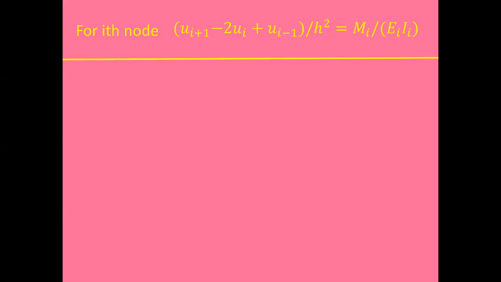Now, in this present slide, we are going to vary the value of i from 2 to 3 and then to 4. This is going to give us 3 equations for node number 2, node number 3 and node number 4. Kindly remember that the values of deformation for node number 1 and node number 5 are known quantities, and the discretization is applied for nodes 2, 3 and 4 only.